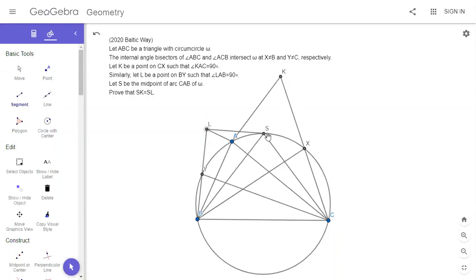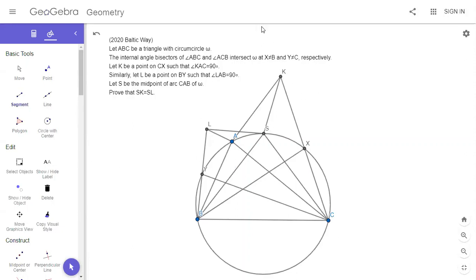It's kind of like when we fuse those two triangles together, SLB and SKC, we'd be able to fuse them, because since these angles add up to 180, if it were true that SK is equal to SL, then we could connect.